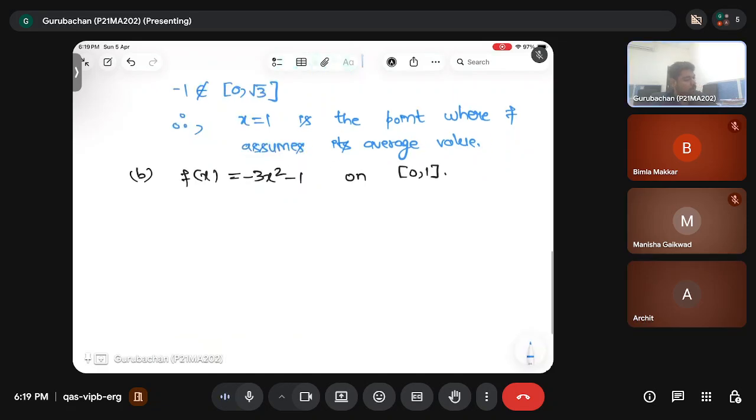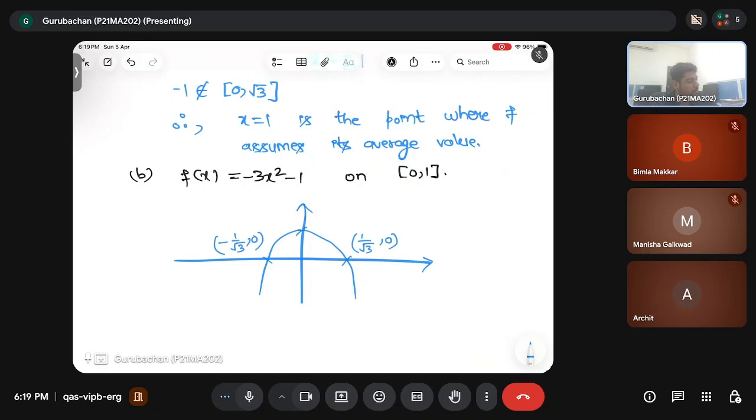So let me draw its graph first. It will be a downward parabola. Did I make some mistake?